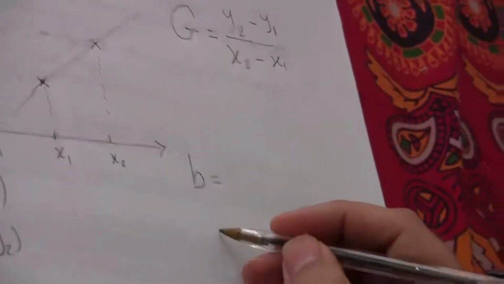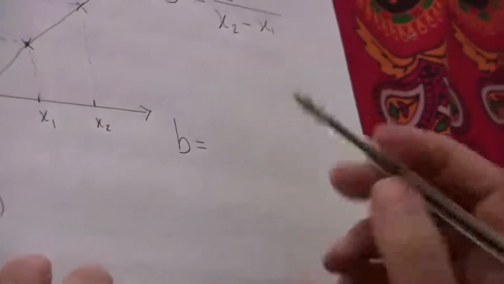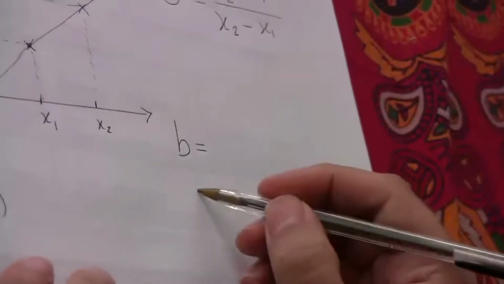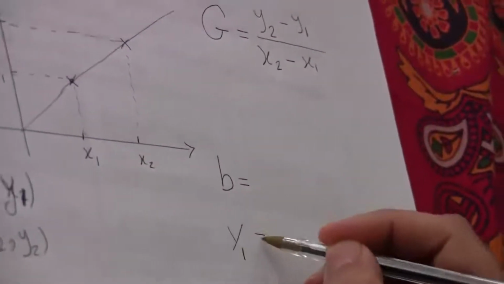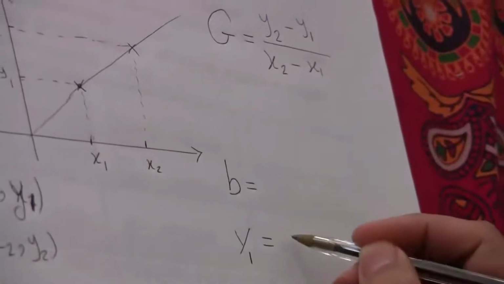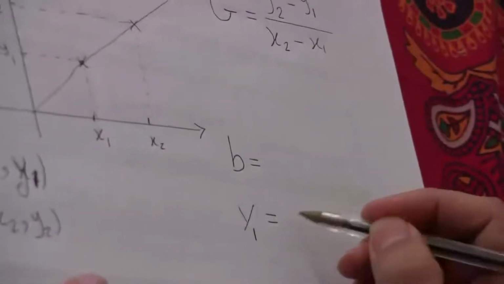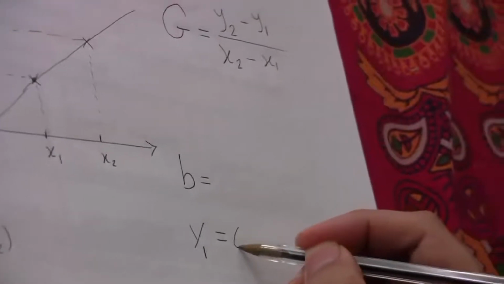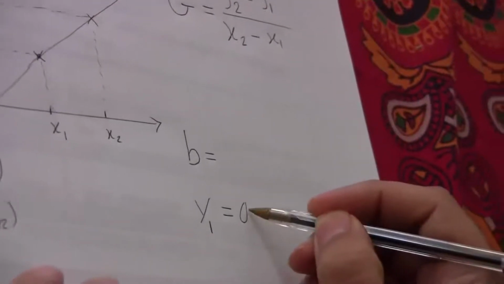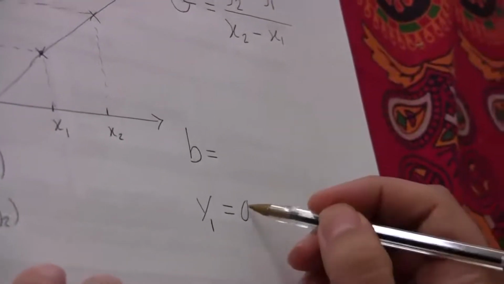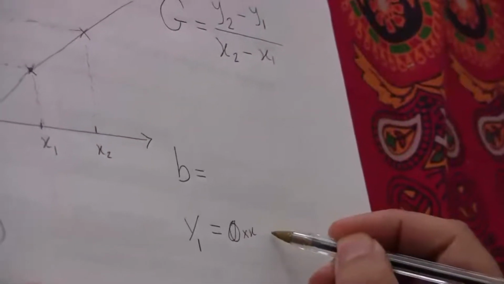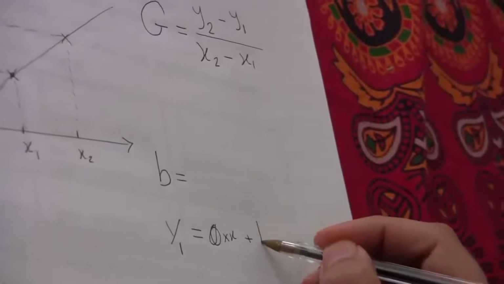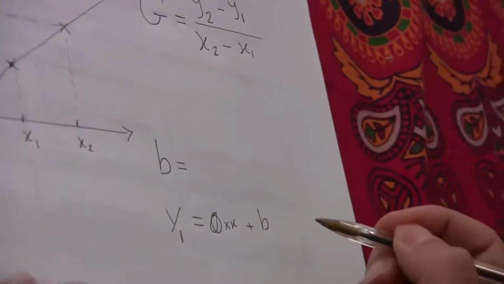You take either point, y2 or y1, it doesn't matter, equals the gradient, which is not important because this one is 0, so we don't need that one. 0 multiplied by x plus b. All right?